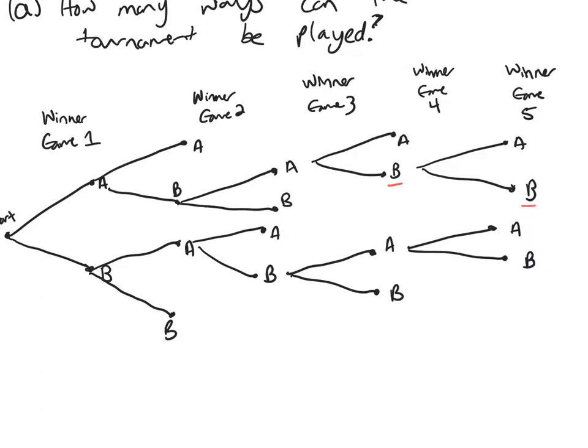If I look here, A won twice in a row, the tournament would be over. And then if I look at this very last game 5 here, B won 3 times, so the tournament would be over. So now we've written out all the possibilities in this possibility tree. This is what the picture looks like.